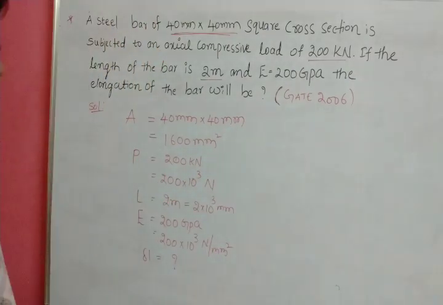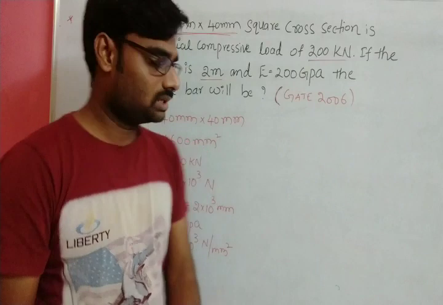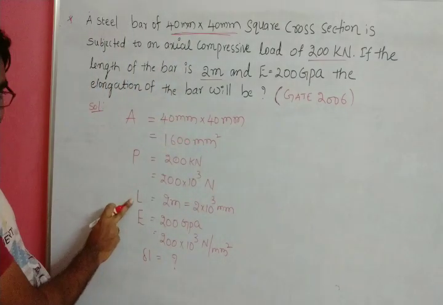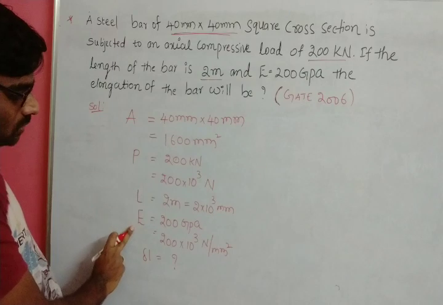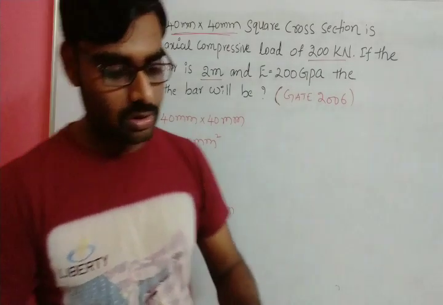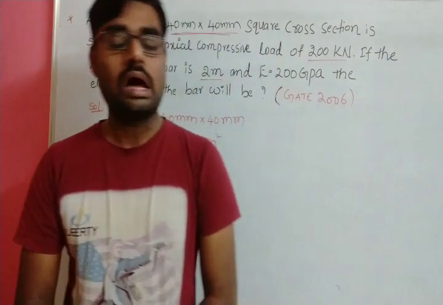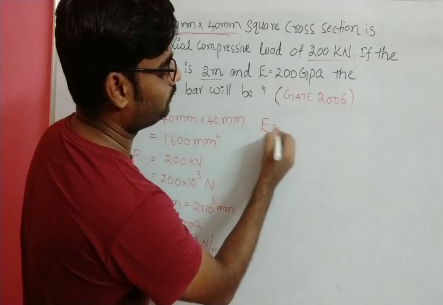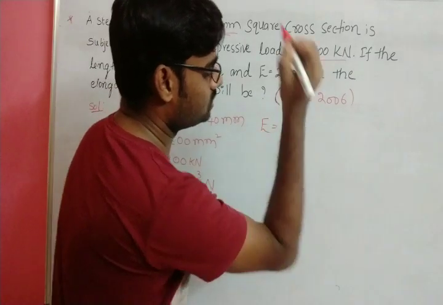Next, choose another alternative method. We have area, load, length, and Young's modulus. What is the relation between Young's modulus, stress and strain? Capital E equal to stress by strain.